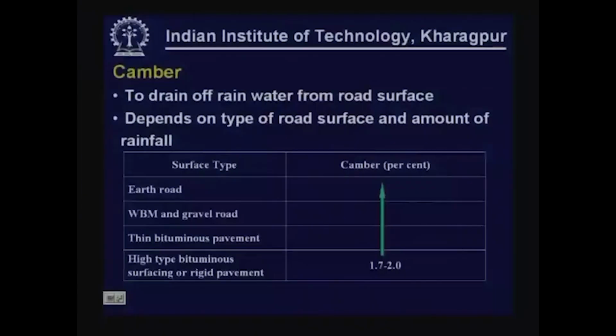So, we may suggest different values for each type of pavement depending on whether there is heavy rainfall in that area or rainfall is normally light to medium. For light or medium rainfall areas, the cross slope or camber will be lesser. For heavy rainfall areas, the values will be higher.